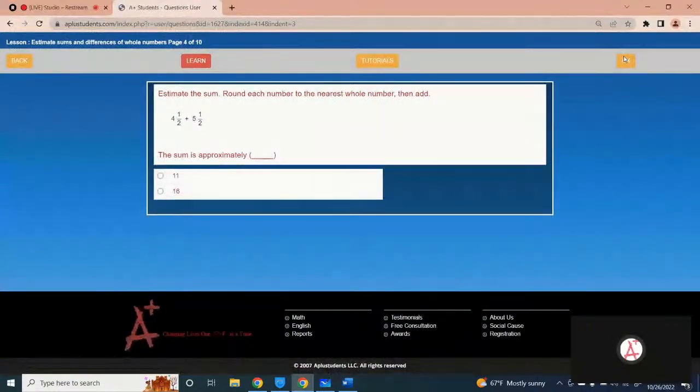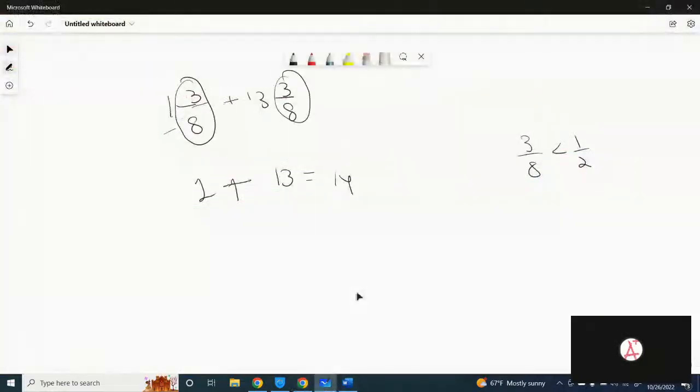Okay, 4 whole 1 by 2 and 5 whole 1 by 2. So first you have to round off the numbers to the nearest whole number. Just look at their fractional part. 1 by 2 is equal to 1 by 2.